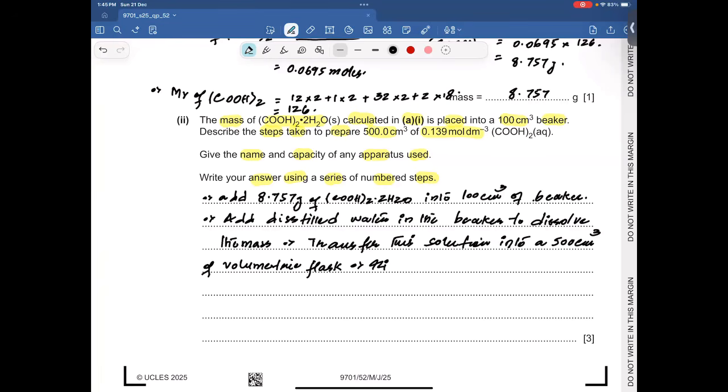Rinse the beaker with distilled water and transfer the washing into the volumetric flask.